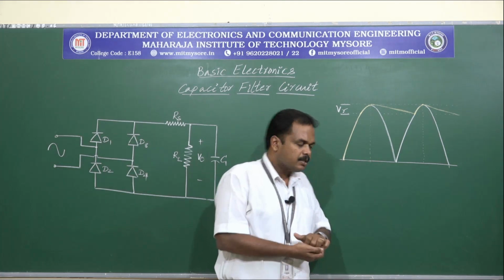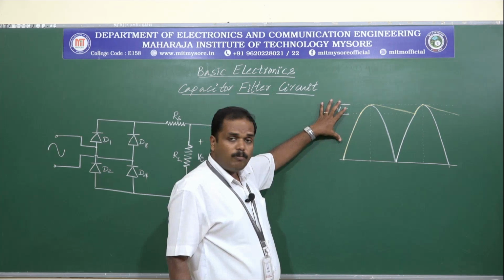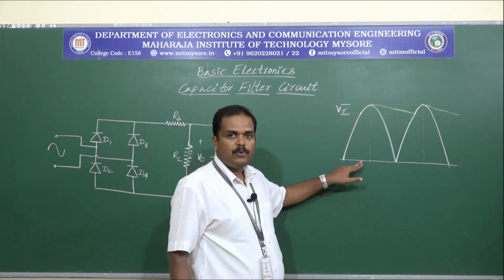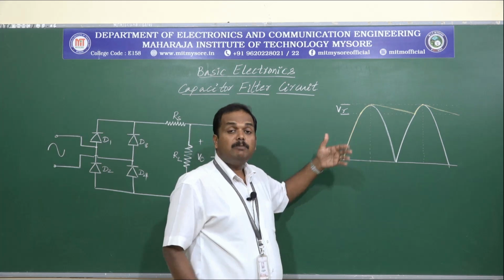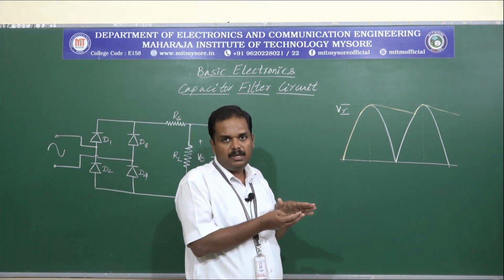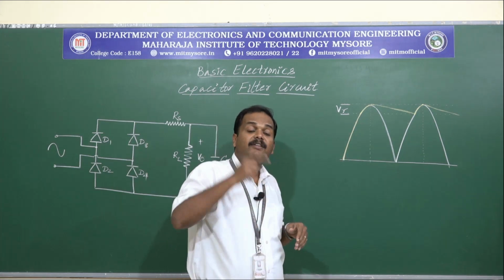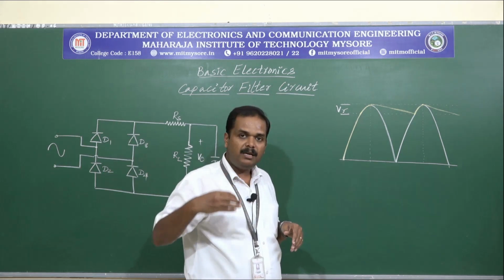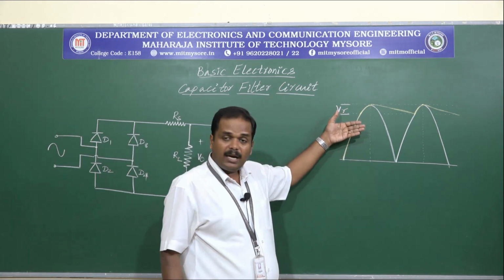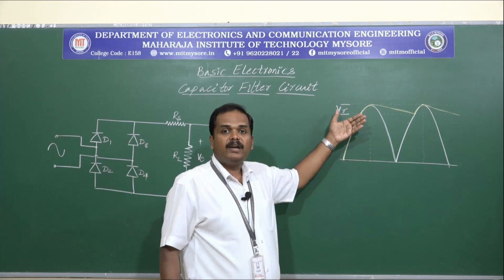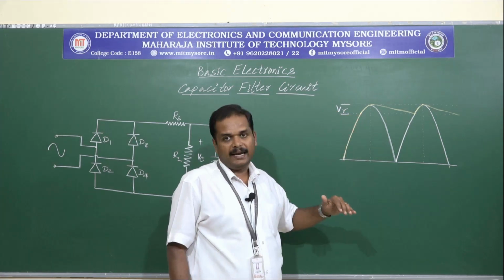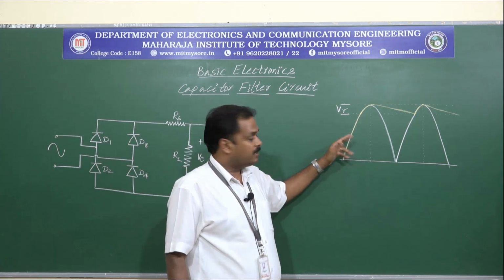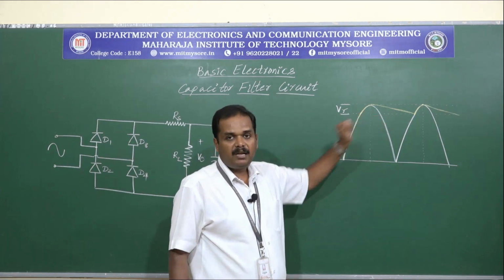So the rectifier has an output which has huge variation, whereas employing a capacitor will bring down this variation. So we say the ripple, the variations in the output, has been reduced. We are doing this in an attempt to get a DC output which is a straight line. So with the help of the capacitor, the variation has been reduced.